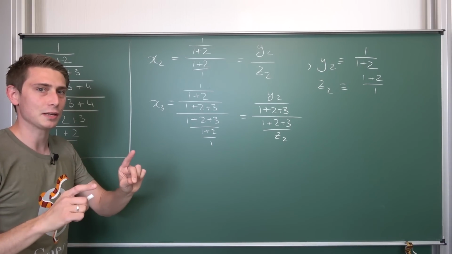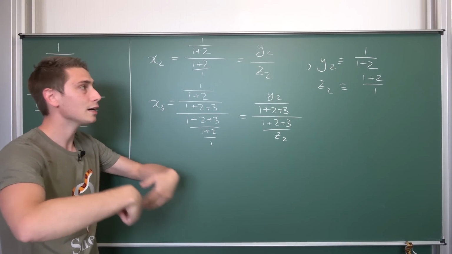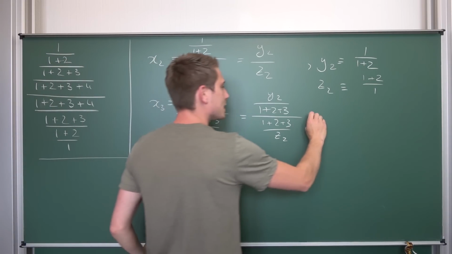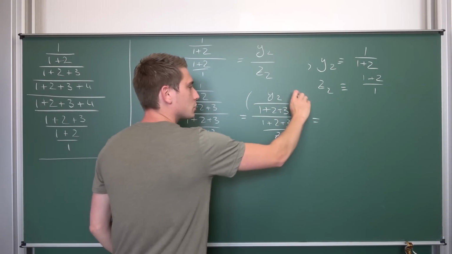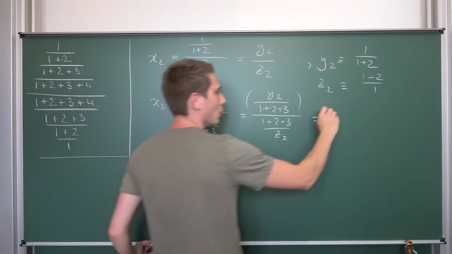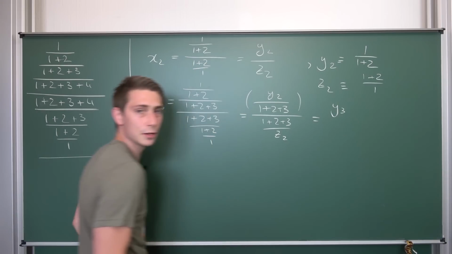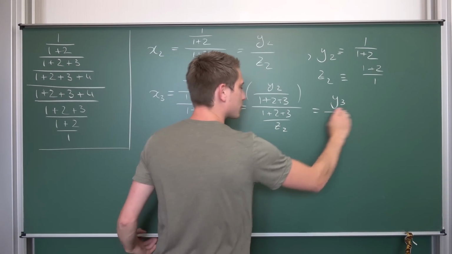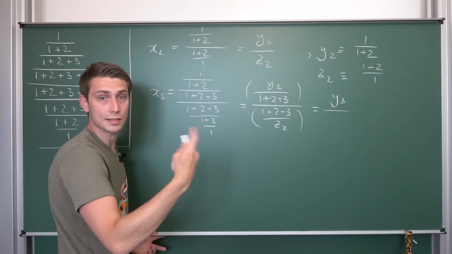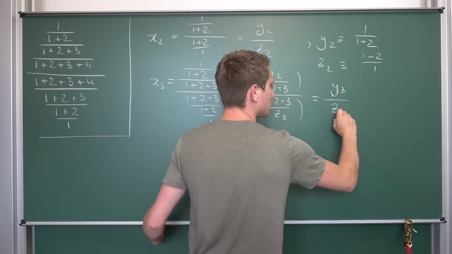But keep something in mind. We are going to define our sequence as follows, namely that this numerator up here is exactly our y3 this time, y with an index 3. And what we have down here in the denominator is z with an index 3.